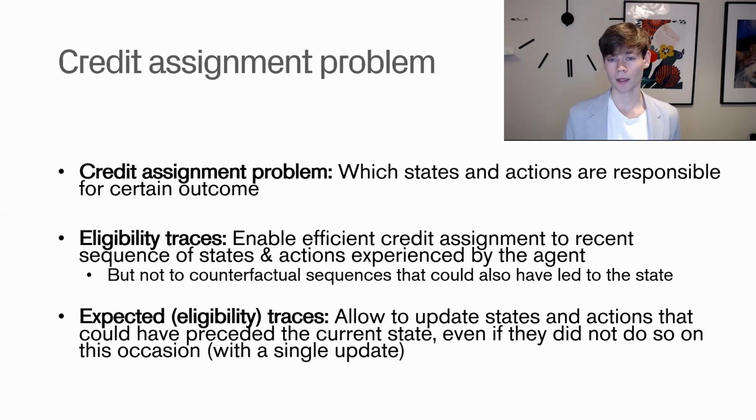One example would be taking a key and unlocking a door. You would give rewards for doing that, but only in the particular sequence that you did. But there are many sequences in which you could pick up a key and go to a door to unlock it. You should be giving credit to all of them, but the current algorithms can't generalize in that way, because that requires some knowledge about the environment, and that's not built into most reinforcement learning algorithms. And that's where expected eligibility traces come in.